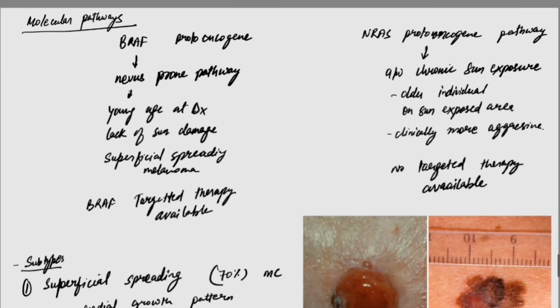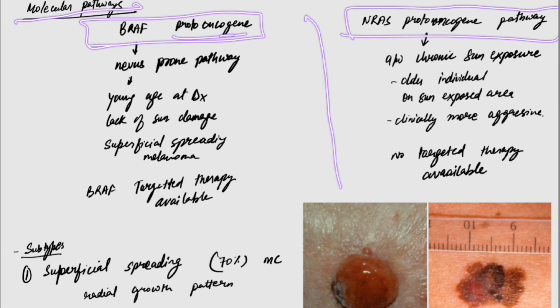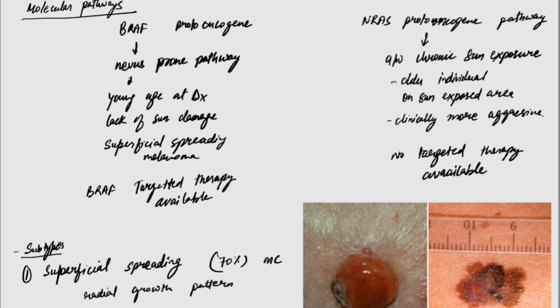There are two molecular pathways through which melanoma develops. The first is the BRAF proto-oncogene and the second is the NRAS proto-oncogene pathway. The BRAF pathway is the nevus prone pathway. It occurs in young age patients and there is no history of sun damage.